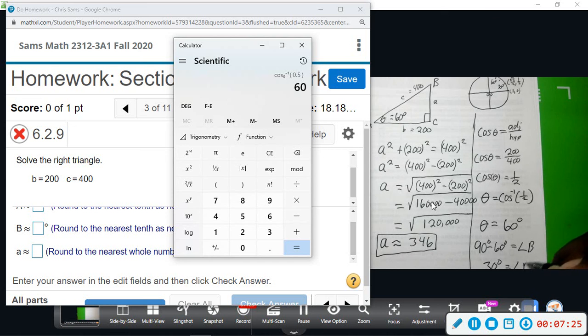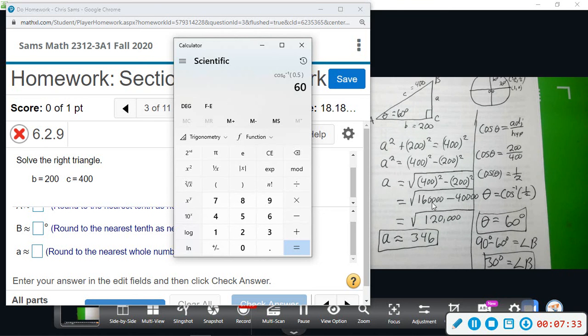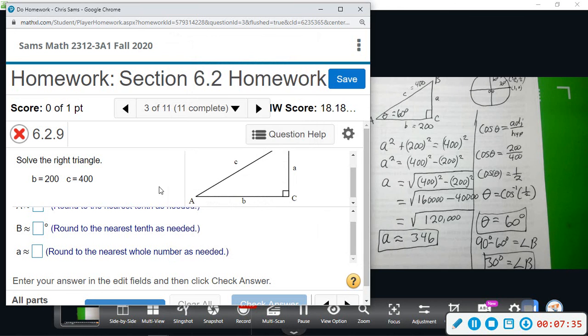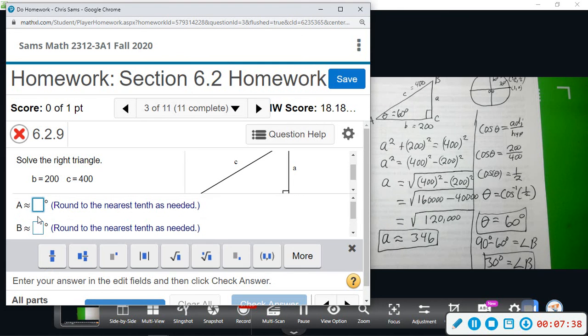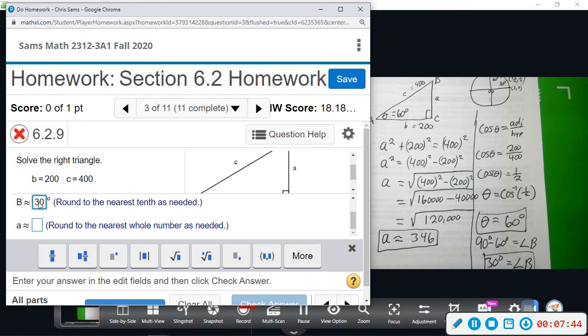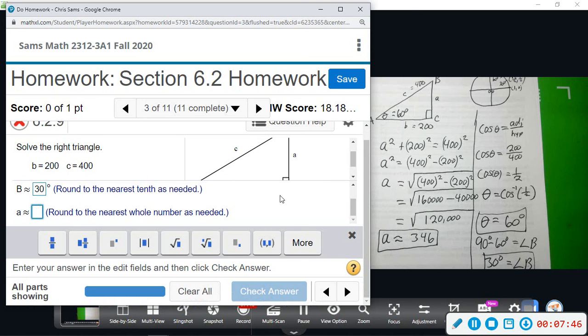Therefore angle B is equal to 30 degrees. So we have a 30, 60, 90 right triangle. So let's insert those values. Angle A was 60, angle B was 30, and then side A we approximated to be 346.